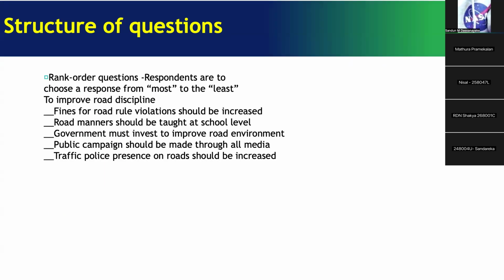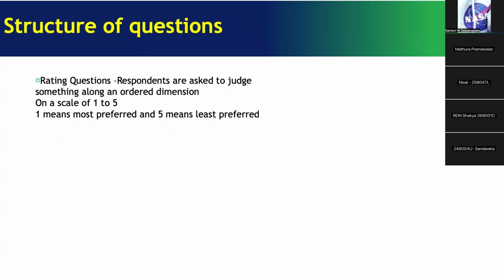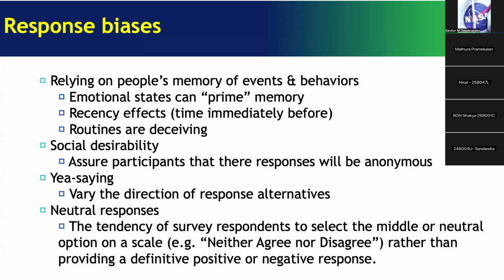Then rank order questions. It's like ranking in order which one is more important than the other. Rating questions are also the Likert charts, right? It's 1 to 5, where 1 is most preferred and 5 means least preferred. So response bias, relying on people's memory of events and behaviors.